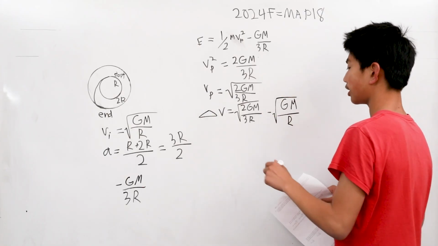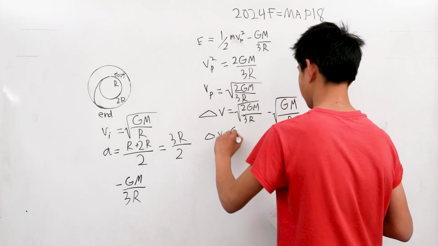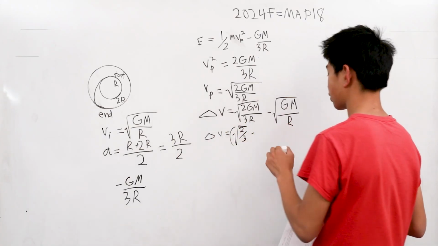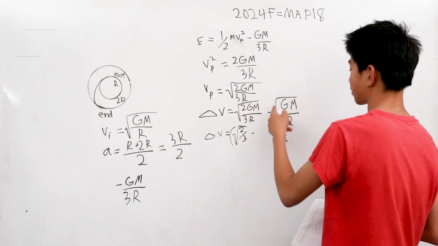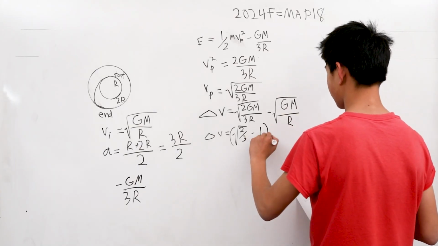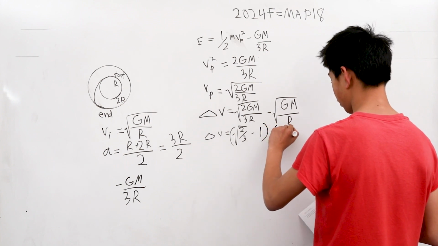We can factor this into the square root of 2/3 minus the square root of 1, because that's the coefficient when you factor it out, multiplied by the constant square root of GM over r.